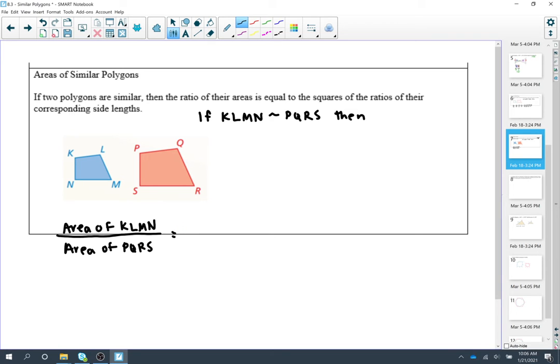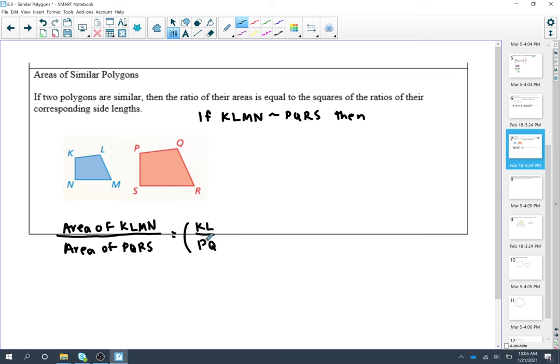Now, my statement of proportionality is going to say that side KL over PQ. But when you do area, isn't area like units squared? You know, it's like inches squared or something squared, feet squared, versus side length is just inches. Well, right now these don't match because the area one is in square units and the side length is in regular units.